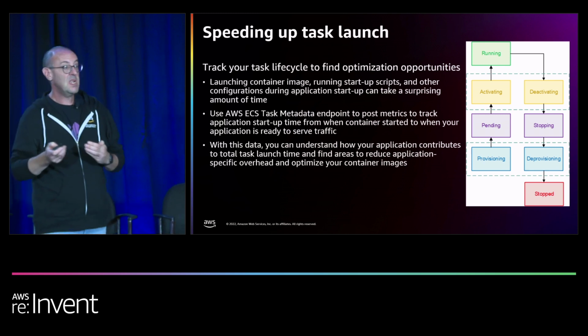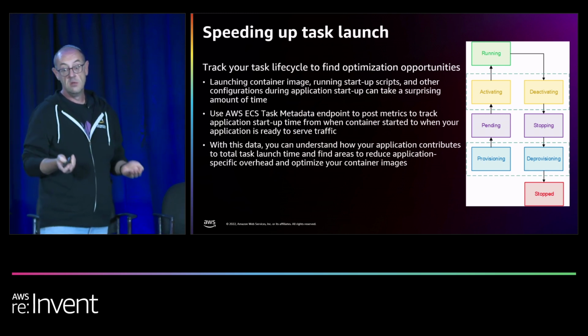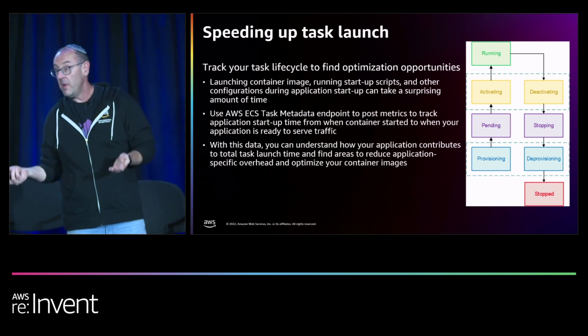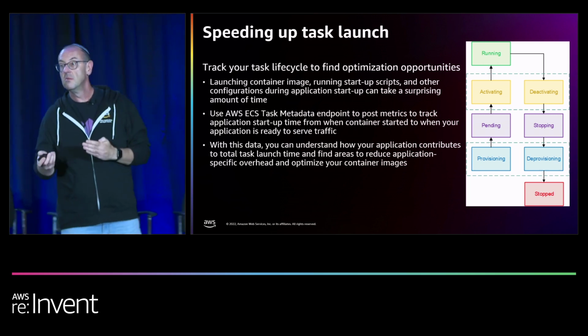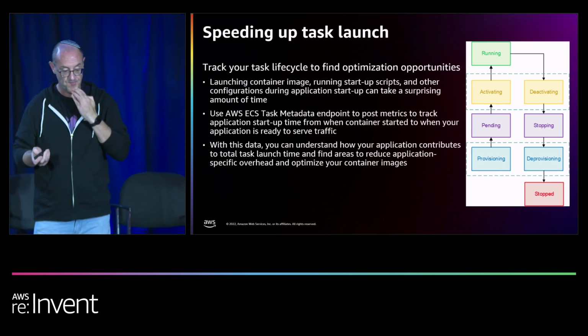Understand those metrics to see where you can optimize your code and make your applications launch faster. This is relevant for EC2 or Fargate, but it is just a general recommendation we give to our customers as well.